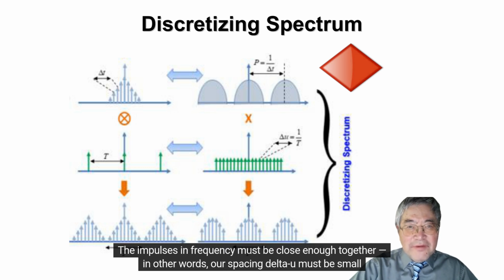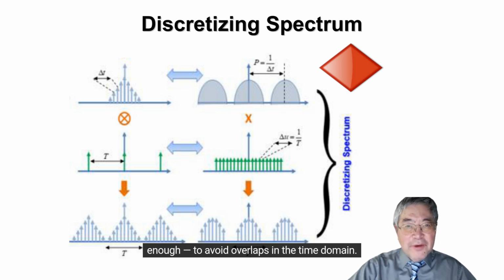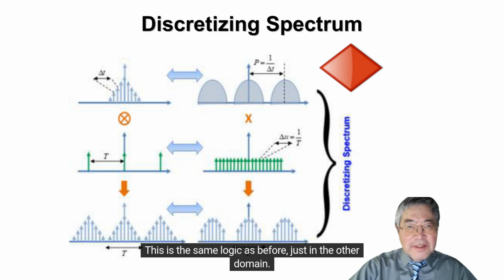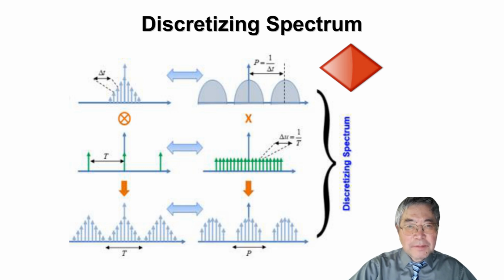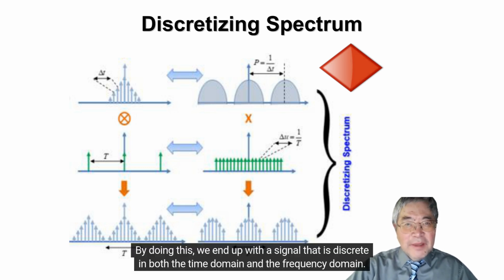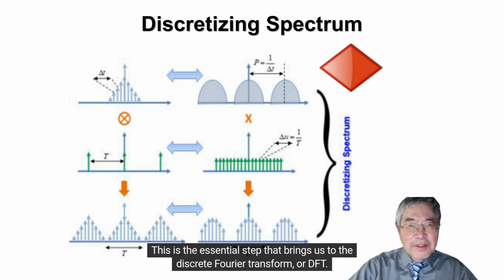The impulses in frequency must be close enough together. In other words, our spacing delta U must be small enough to avoid overlaps in the time domain. This is the same logic as before, just in the other domain. By doing this, we end up with a signal that is discrete in both the time domain and the frequency domain. This is the essential step that brings us to the discrete Fourier transform, or DFT.